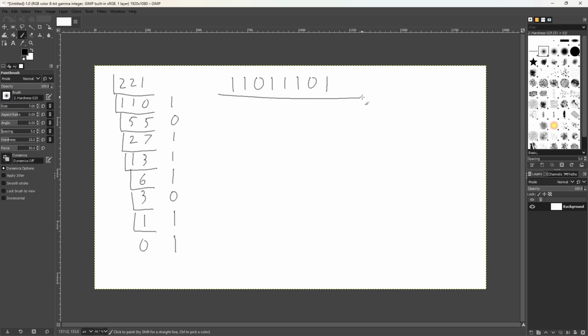Now again, I can check this. Powers, remember? So this would be 2 to the 7th plus 2 to the 6th. We don't have a 5. Plus 2 to the 4 plus 2 to the 3 plus 2 to the 2. We don't have a 1. Plus 2 to the 0, which is going to give us our odd value here.